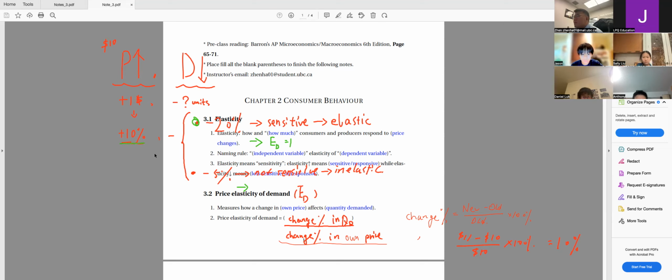So price increase by 10%. What is the elasticity coefficient for my first example here? If a price increases by 10%, quantity demanded decreases by 20%.